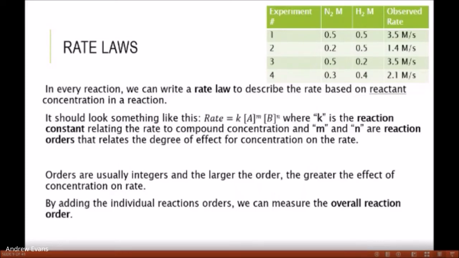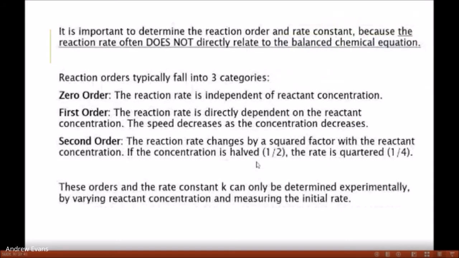Now, where this becomes problematic is that, as I said, reaction order does not directly relate to the balanced chemical equation. This has to do with mechanism, and a balanced overall chemical equation being made up of smaller chemical equations.